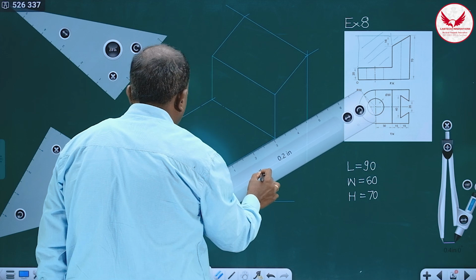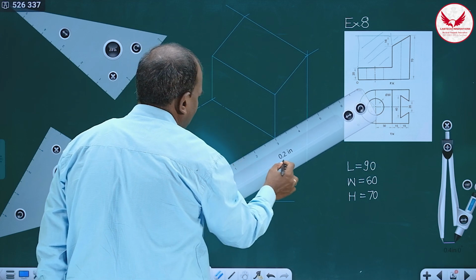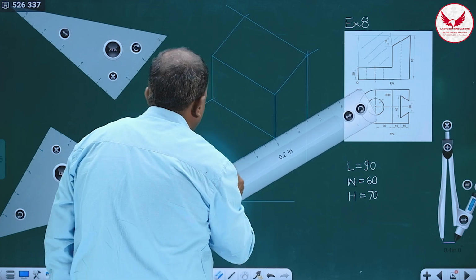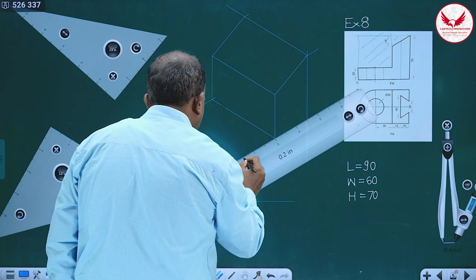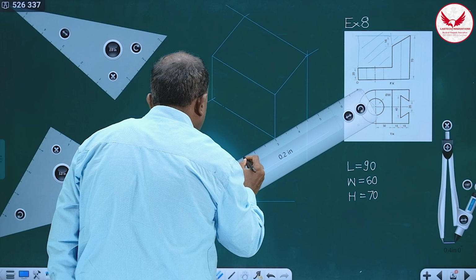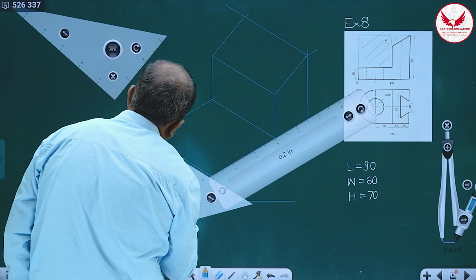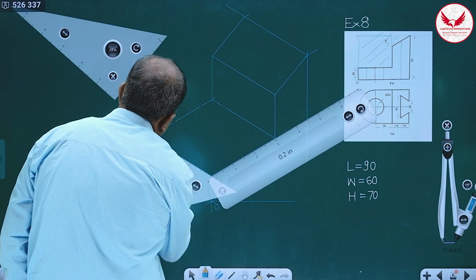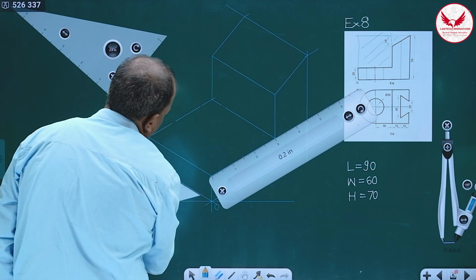Once we mark the center, it is 60, means this is 30. I can mark this center over here, and on this side also at a distance of 30, 20 and 30. So this is the center.